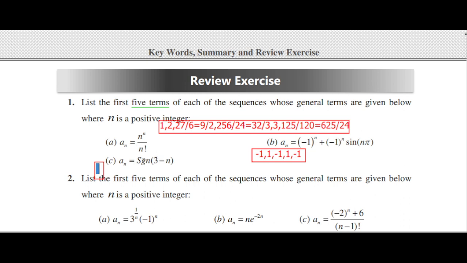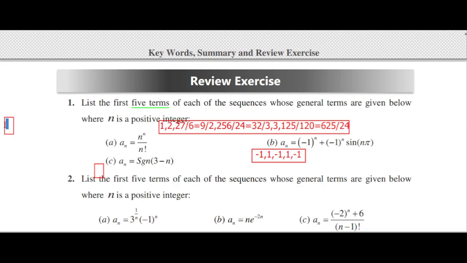Signum function, SGN, what does it represent? The signum function is a function whose value is: SGN of x is equal to 1 for x greater than 0, 0 for x equal to 0, and minus 1 for x less than 0.